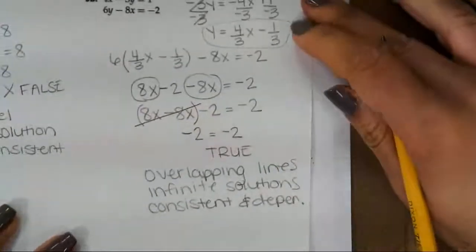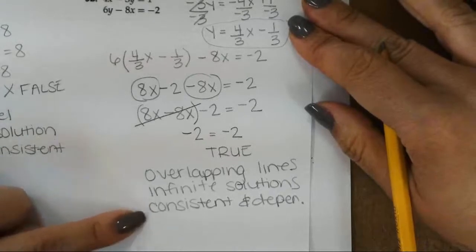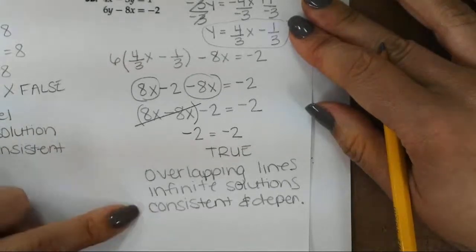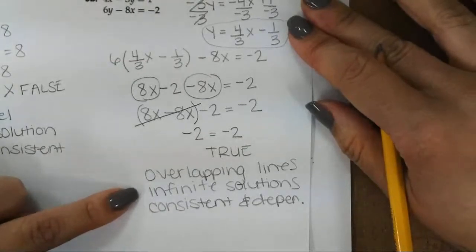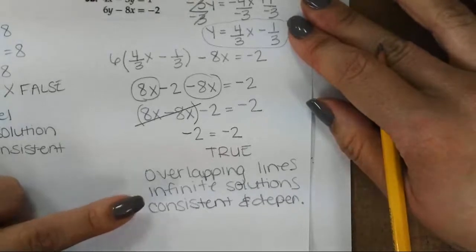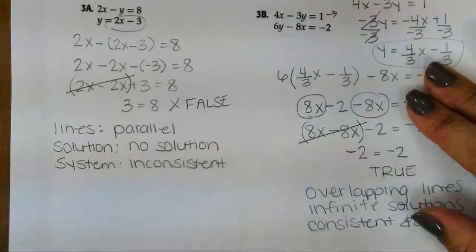Sorry, you can't see down there. So overlapping, infinite, and consistent dependent. If it's asking you how many solutions, you're going to put infinite. Most of the time when you're solving these kinds of questions, they're asking you what the solution is. So your solution in this case is infinite. Your solution when it was false was none, no solution.